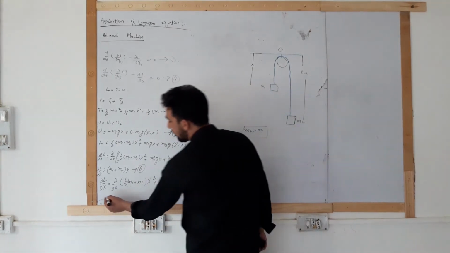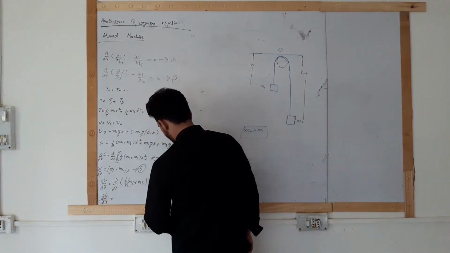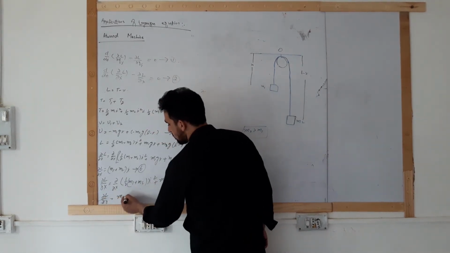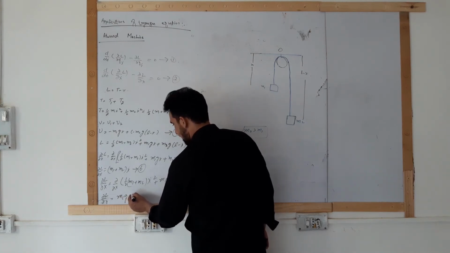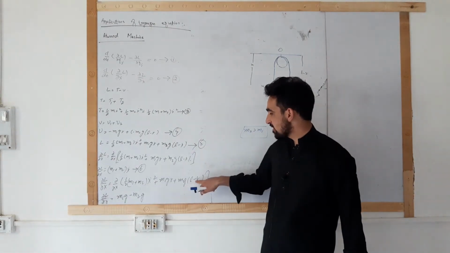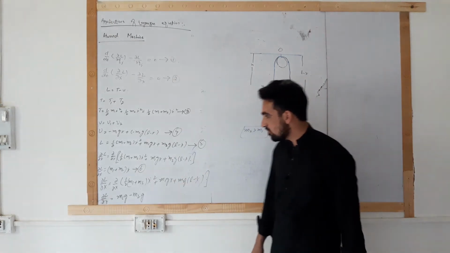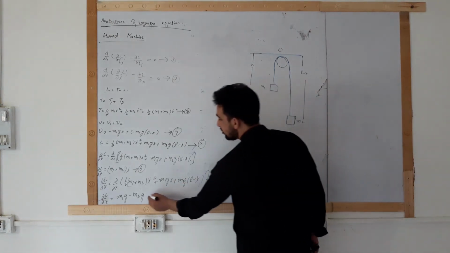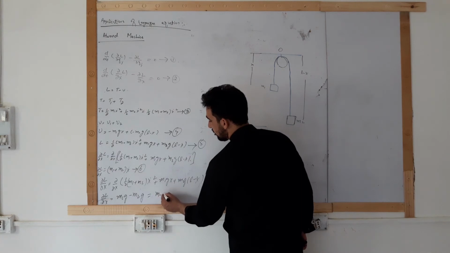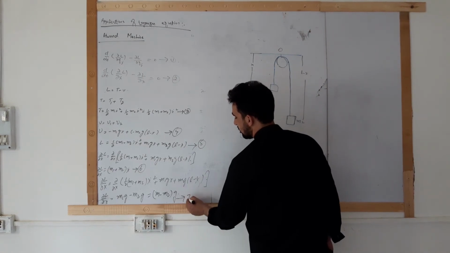So we will have partial L by partial x equal to M1 g minus M2 g, as M2 g L is a constant whose derivative becomes 0, and we are left with minus M2 g x whose derivative is minus M2 g. This becomes M1 minus M2 times g. Let us call this equation number 7.